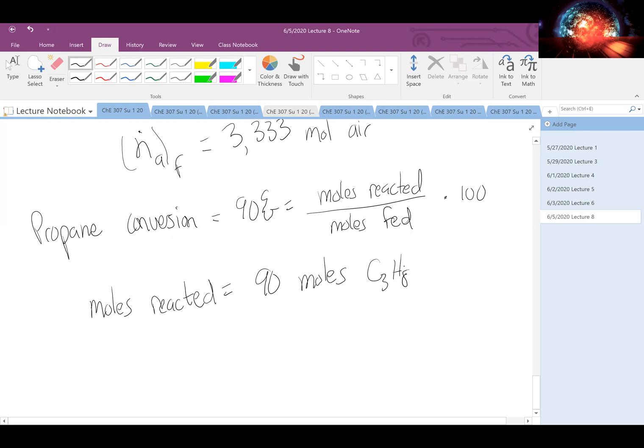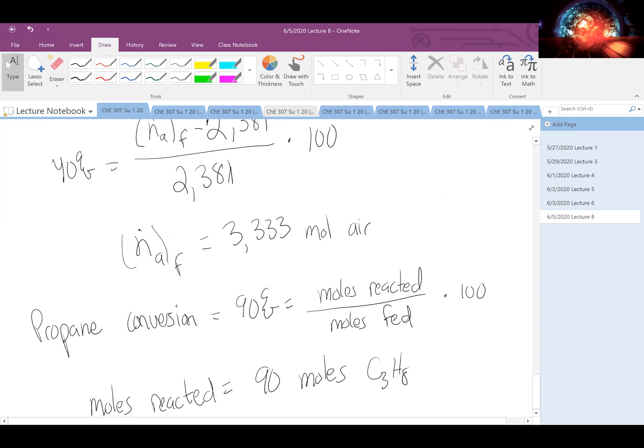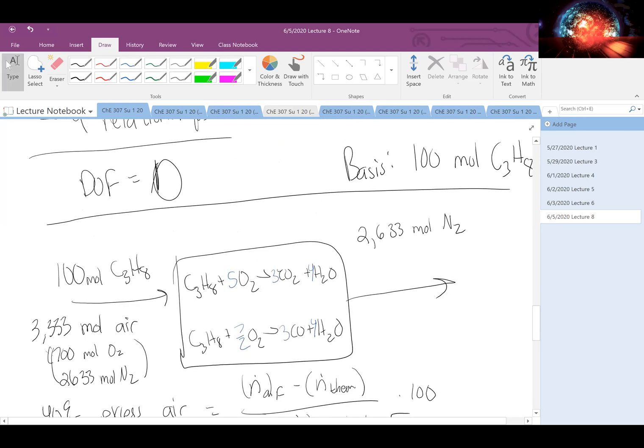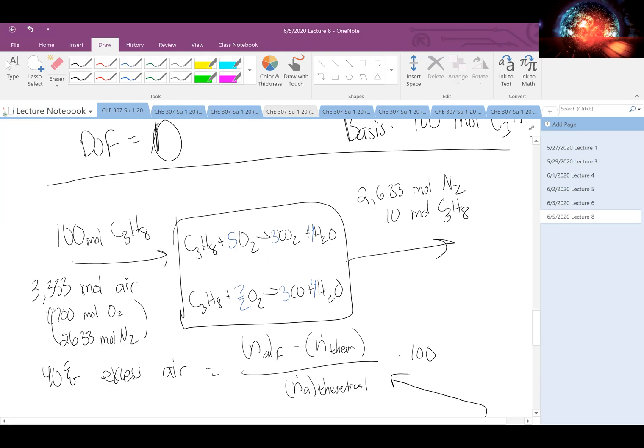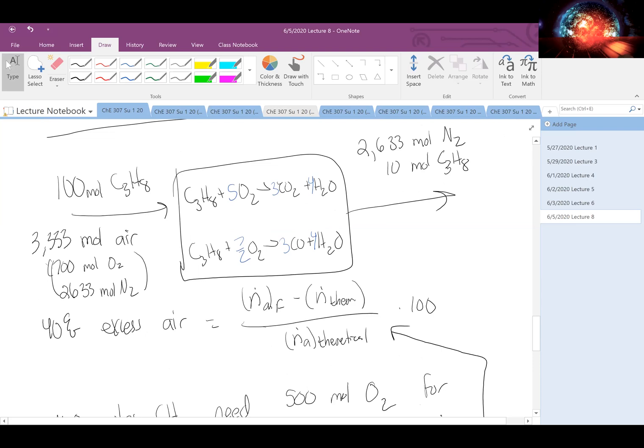And if I react 90 moles with my basis of 100, I should have 10 moles of propane in my outlet stream. Everyone following so far?